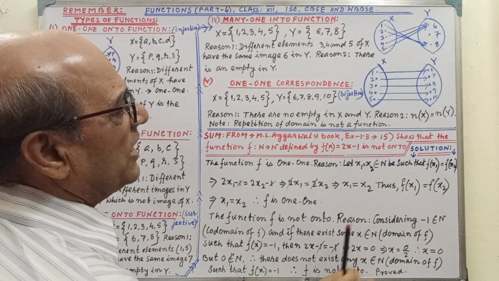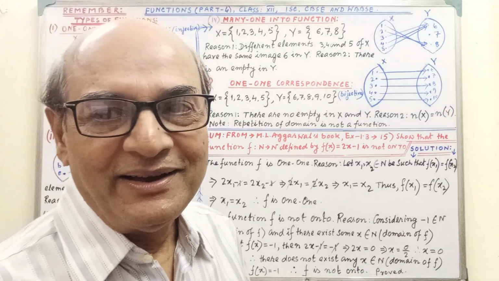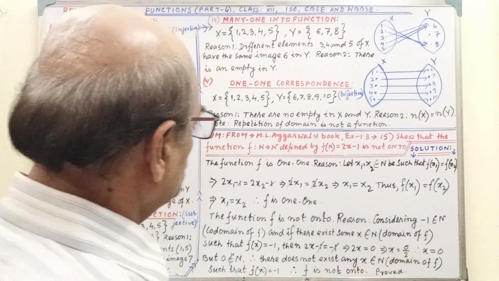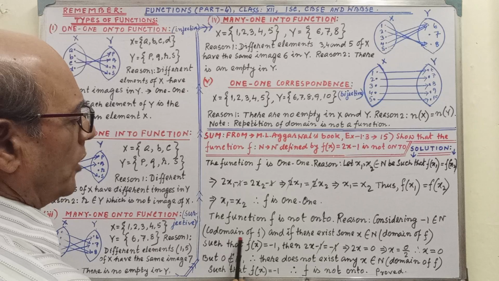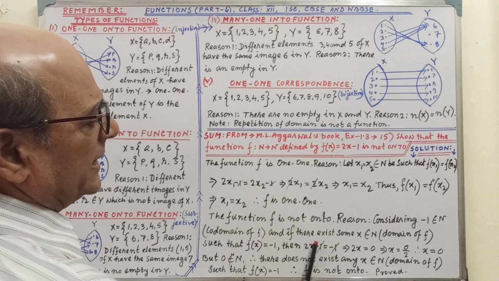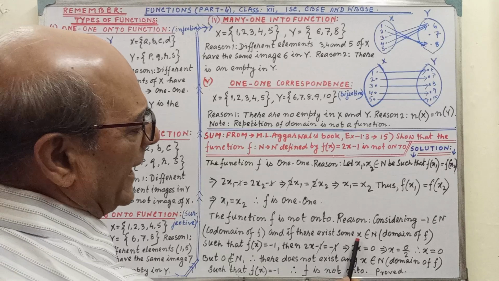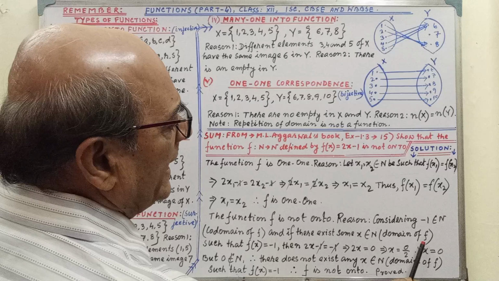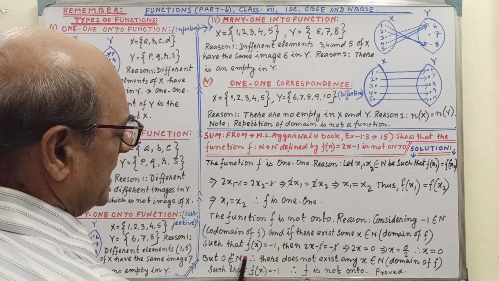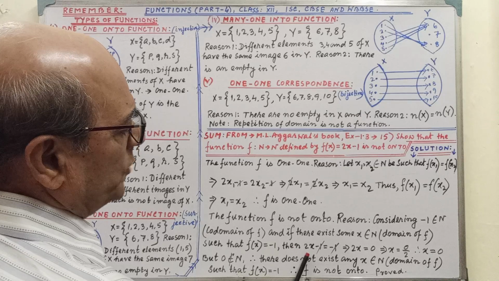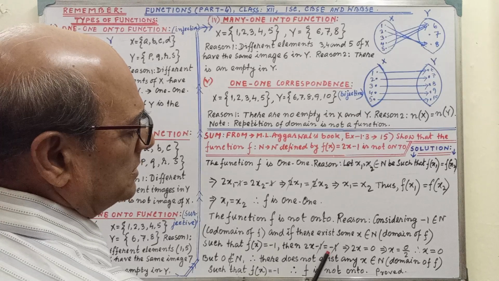Now the function f is not onto. Here only we have to give the reason. Considering minus 1 belongs to N, the codomain of f, if there exists some x belongs to N, that is the domain of f, such that f(x) equals minus 1, then 2x minus 1 equals minus 1.